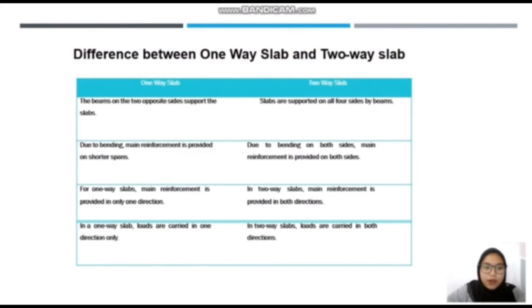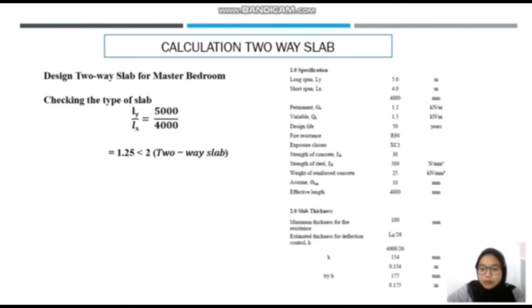Okay, and the fourth difference is one-way slab, load is carried in one direction only. But in two-way slab, load is carried in both directions. So, sama macam tadi, one-way slab, loadnya hanya satu direction. Tapi kalau two-way slab, dia akan carry dua direction.